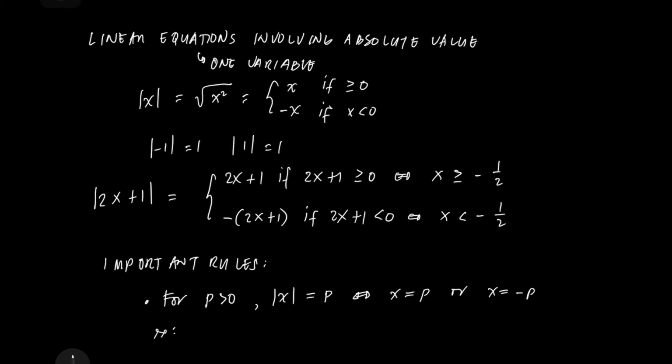So if we have, say, the absolute value of x equals 2, this is equivalent to x equals 2 or x equals negative 2. So your solution here is plus or minus 2.